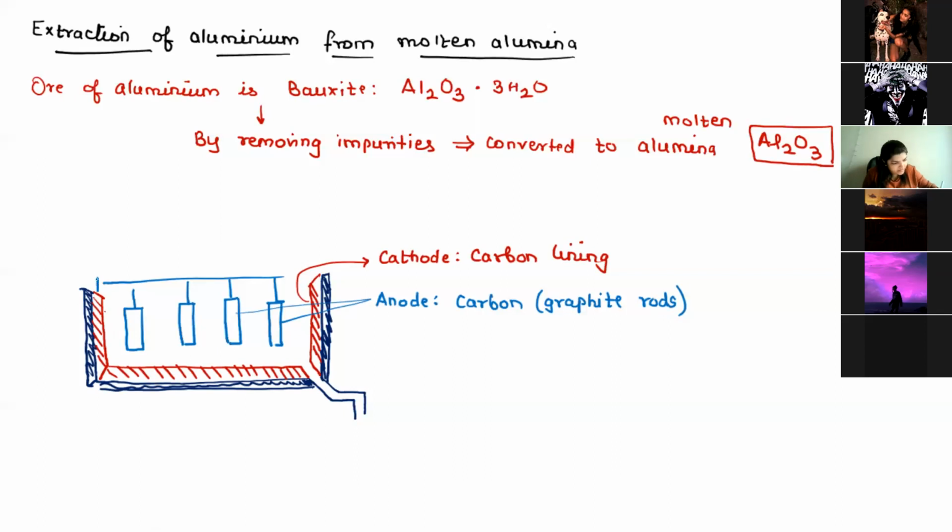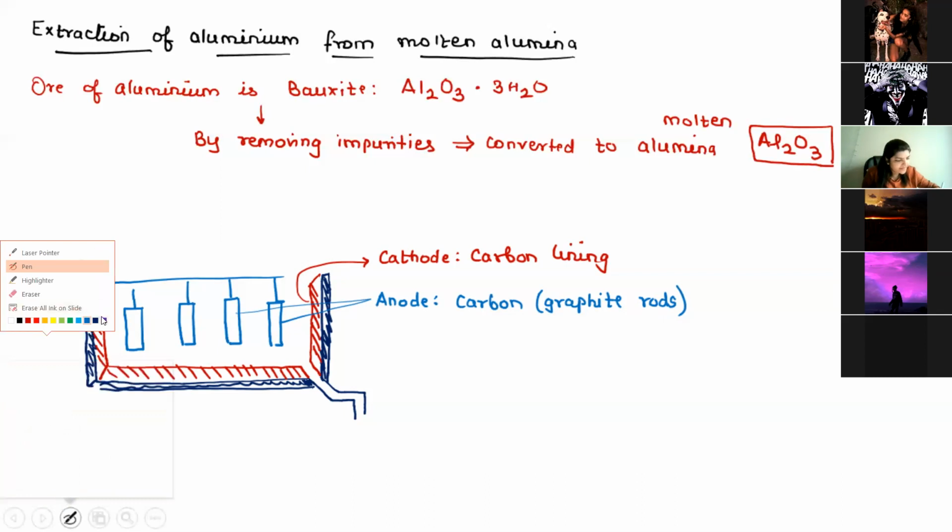So this is the cathode. This is the anode. So the cathode is also carbon lining, the anode is also carbon, but it is made up of graphite rods.